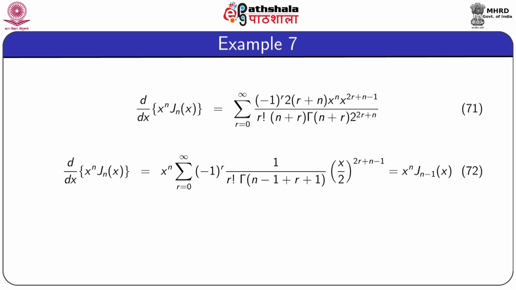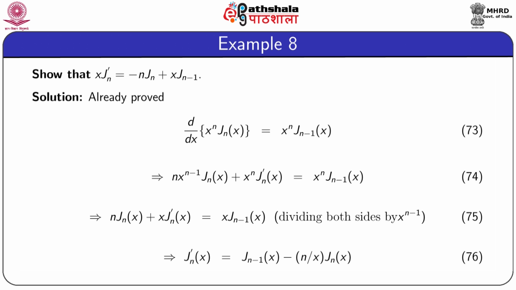In our final example, we will show x J'_n is equal to -n J_n + x J_{n-1}. We have already proved in our previous example that d/dx of x^n J_n(x) is equal to x^n J_{n-1}(x).